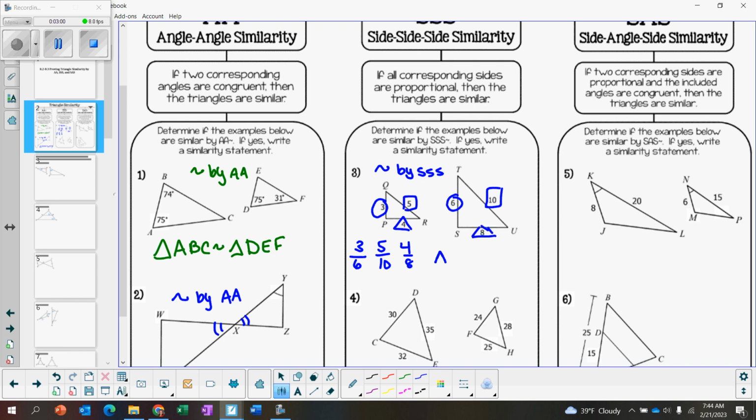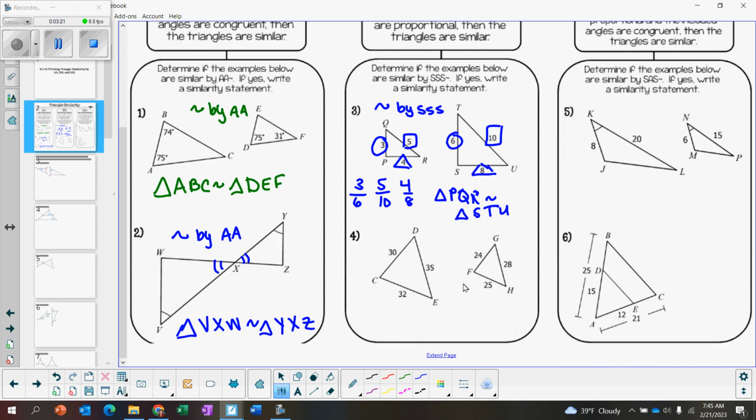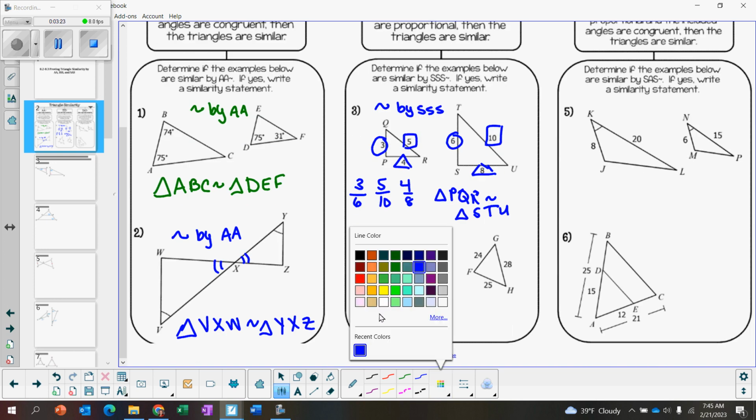And my similarity statement, I could call it PQR. P was between my circle and triangle, so circle triangle is S. Q was between circle square, which is P, and then we have U. All right, we would do the same thing on this bottom one.